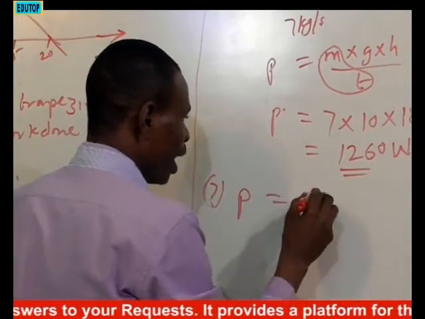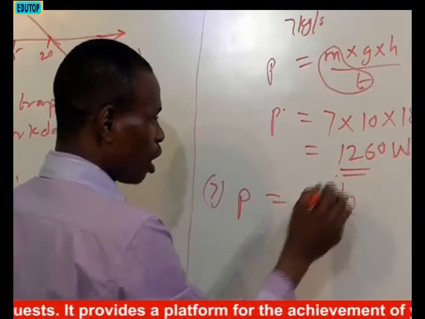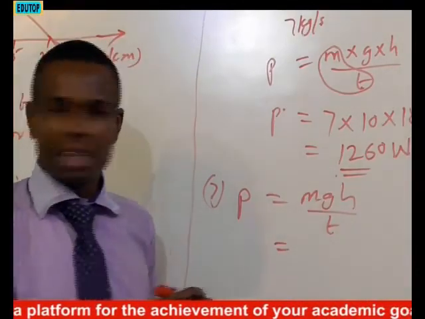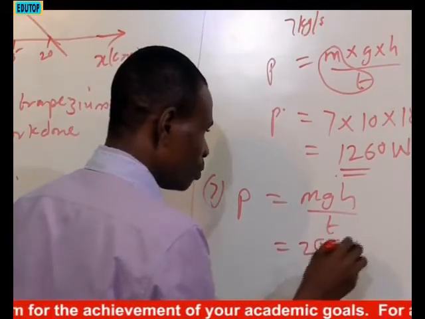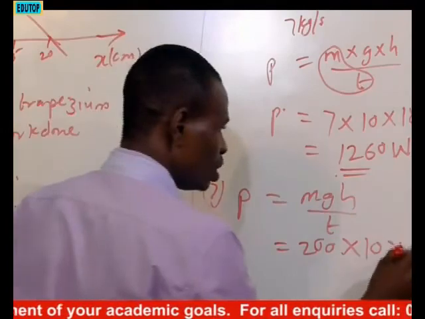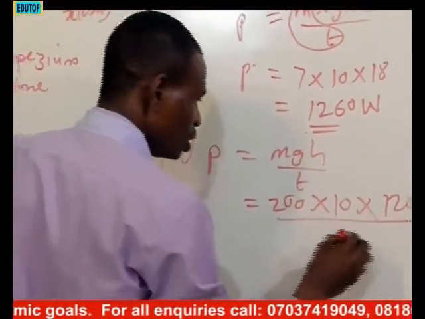Power is still equal to mgh over t. mgh is your work over time, which is equal to, we are given the mass to be 200, then we are given the height to be 120, everything divided by 20.